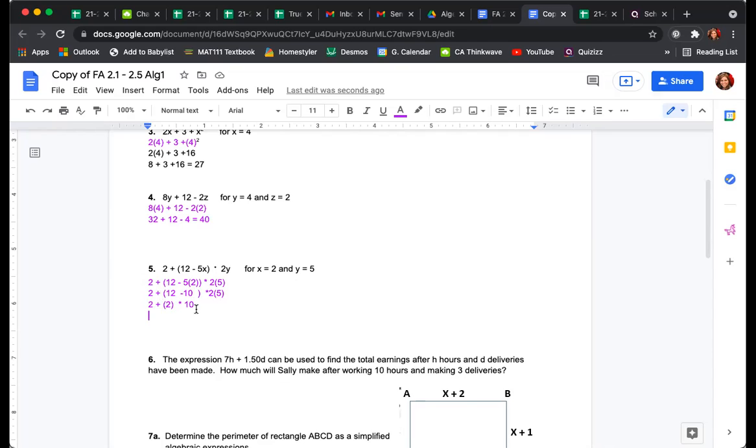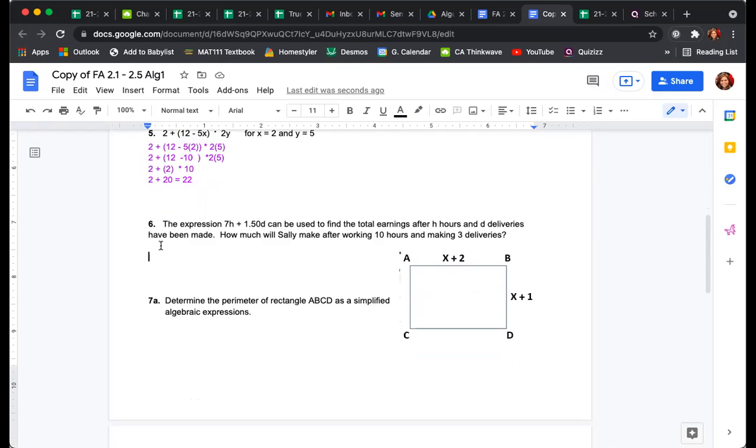That is not correct if we're using order of operations, which we always do. Order of operations says which comes first, multiplication or addition. Multiplication comes first. So we need to do 2 times 10 first, which is 20. Then addition, which gives us 22.